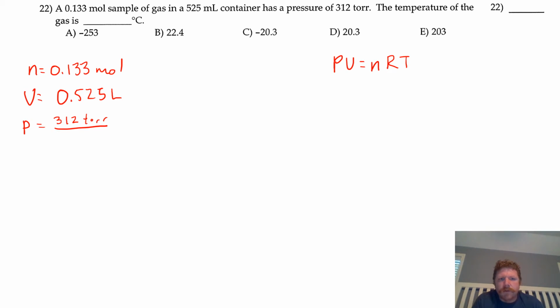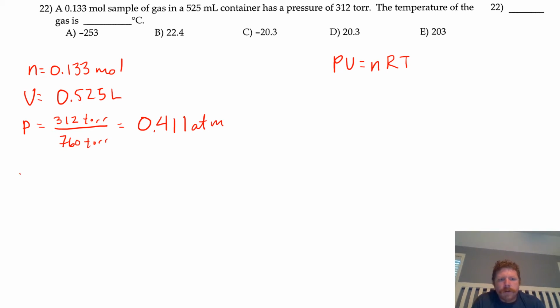divided by 760 torr. So 312 divided by 760, and that is 0.411 atmospheres.